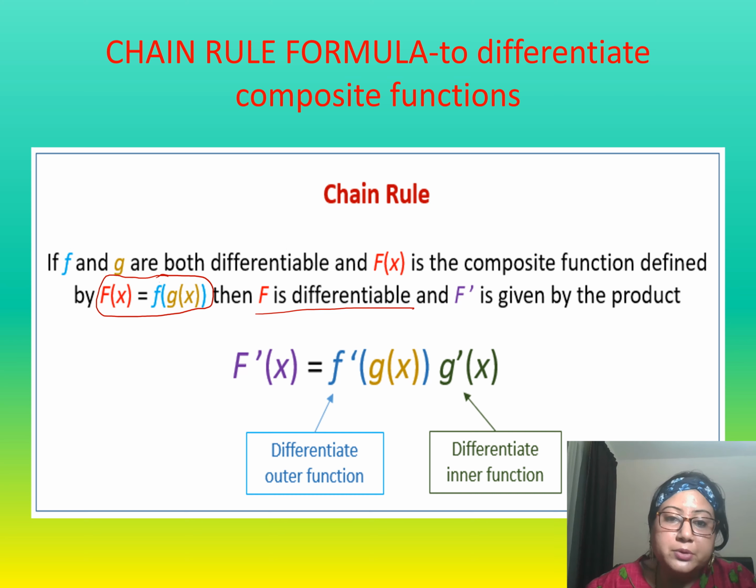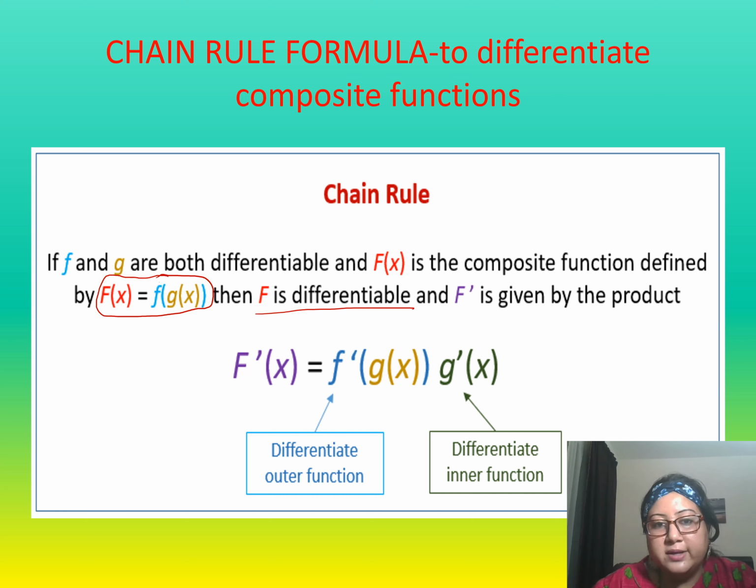Now, how are you going to remember this formula? How are you going to remember the chain rule? So the trick is, first you are going to be differentiating the outer function. So you take f prime of g of x, and because it is composite, the inside substitution will remain as g of x. Just remember that.